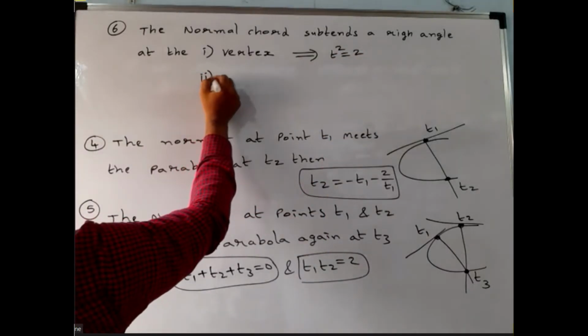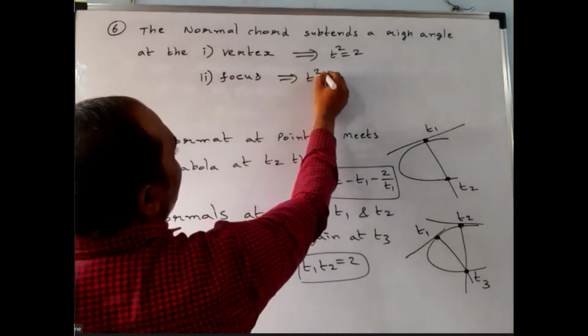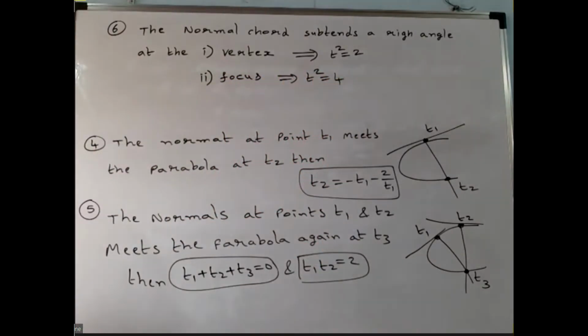Right angle at the focus implies t square is equal to 4.